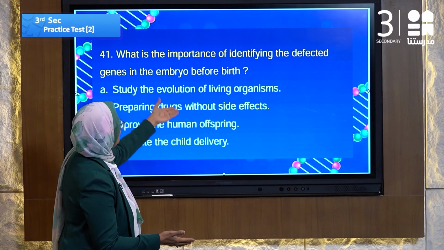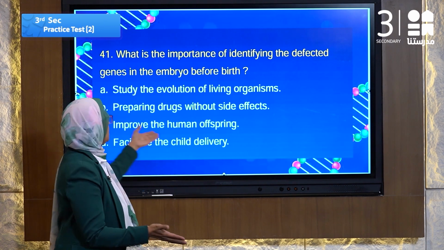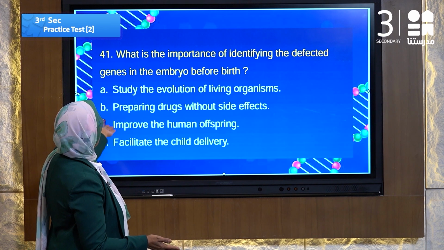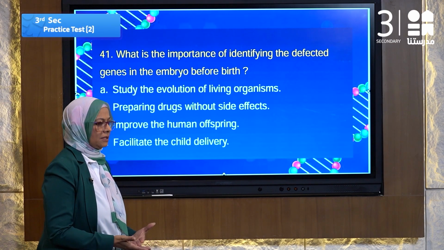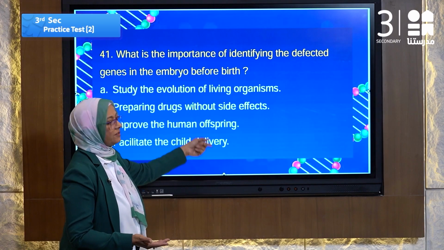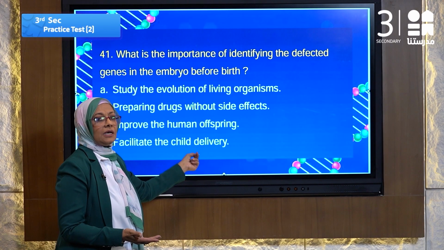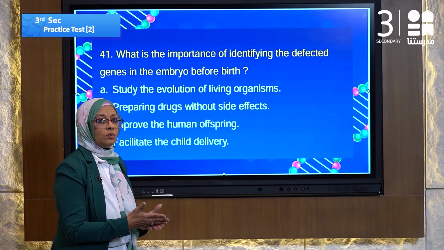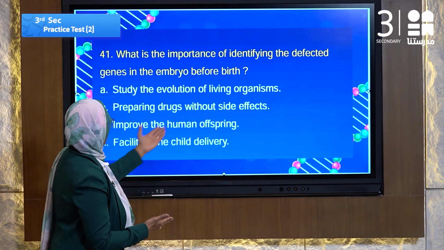A, study the evolution of living organisms. No, not evolution inside the baby. B, preparing a drug without side effects. Some drugs affect genes. C, improve the human offspring. Yes, improving the human offspring is the benefit of studying the gene defects of the embryo before birth.